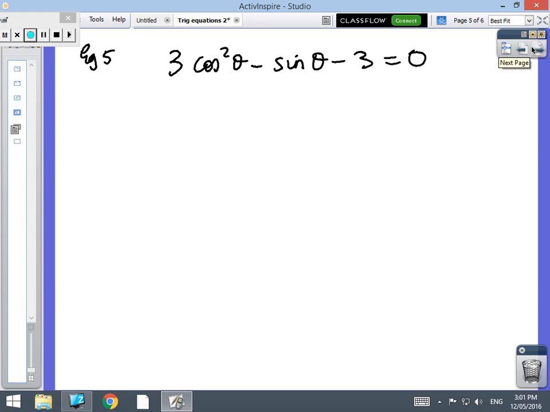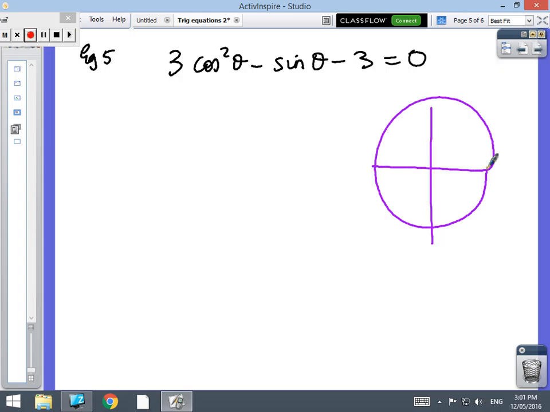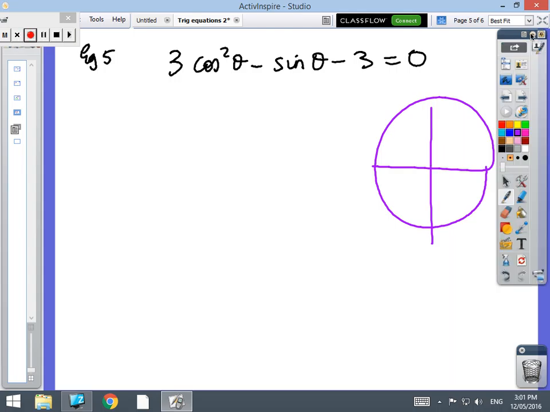Okay, so this next one is the first one where sine and cos are in the same question. And this one relies on the fact that in a unit circle, that distance there is the radius, so that's 1. That distance there is sine theta, and that distance there is cos theta.